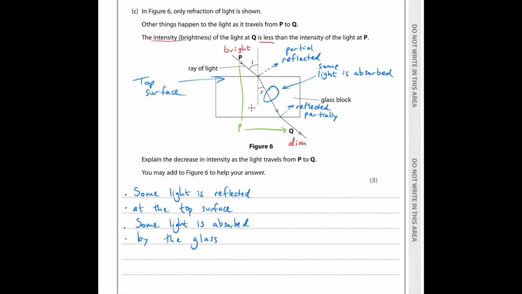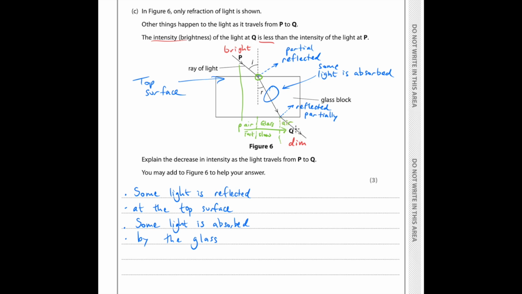Now at this point here, it's travelling in air, so it's travelling fast. And then at this point here, it's now travelling in glass. So it's going to travel slower instantly. As soon as it hits that, goes into the glass, wallop, the speed's going to decrease. And then when it gets to this bit here, it's back in the air.